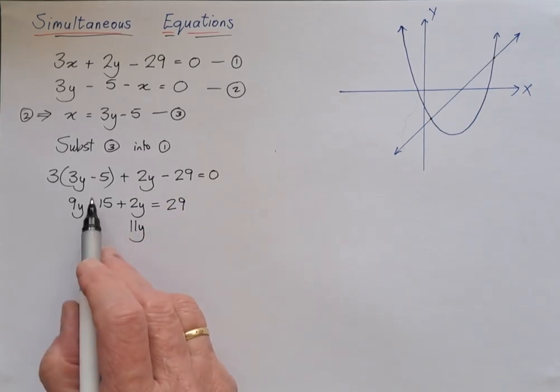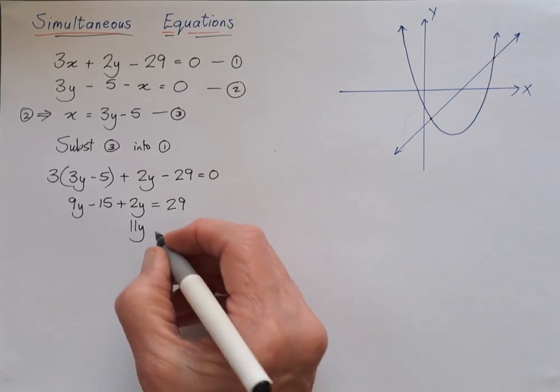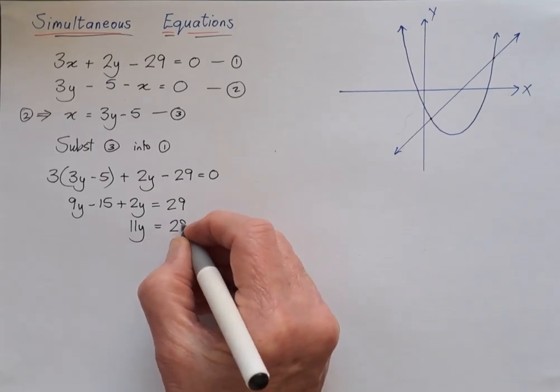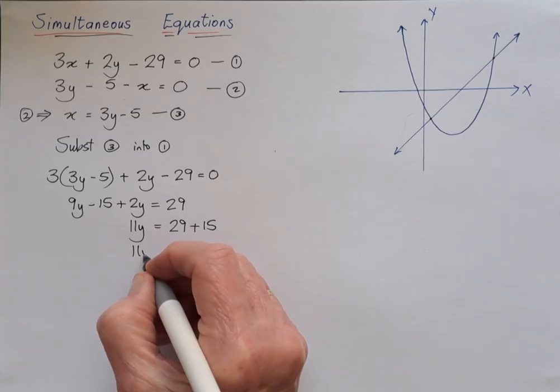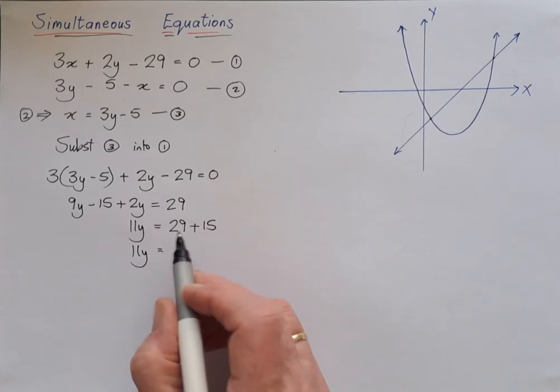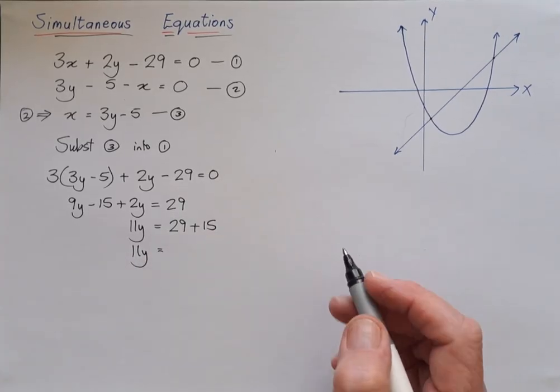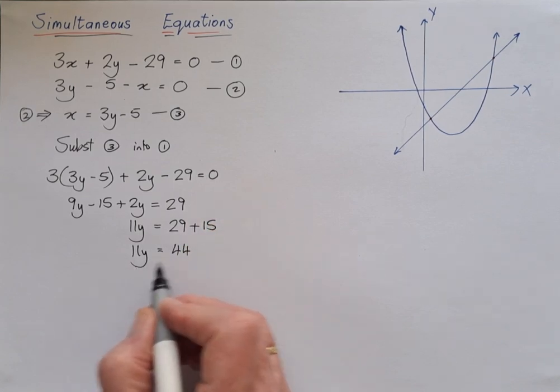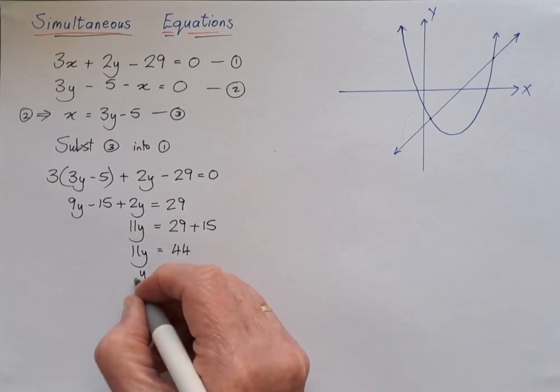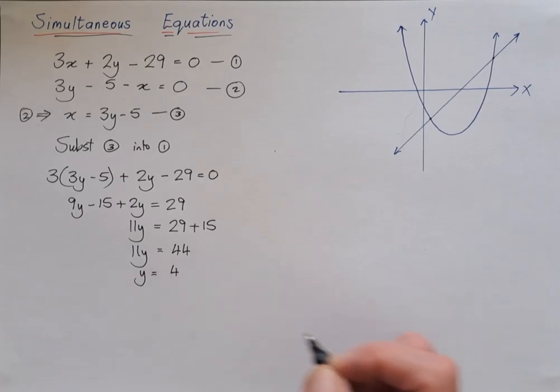The minus 15 is going to go across and become positive 15. So I've got 29 plus 15. All right, let's clean up the right-hand side. So 29 plus 15 is going to give me 44. Divide by 11, divide by 11, and y is equal to 4.